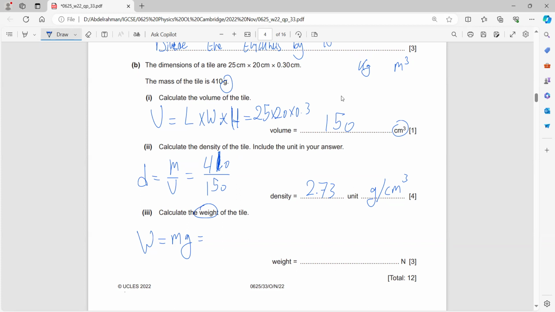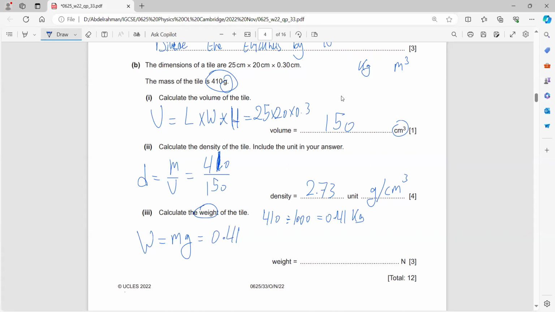How can I convert this mass into kilograms? 410 grams into kilograms, I must divide by 1,000, which gives 0.41 kilograms.